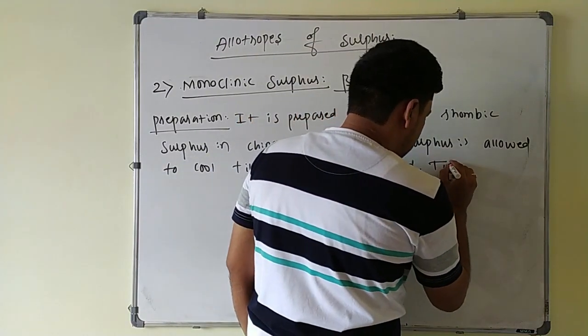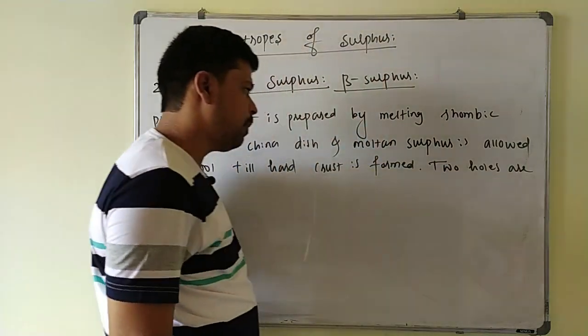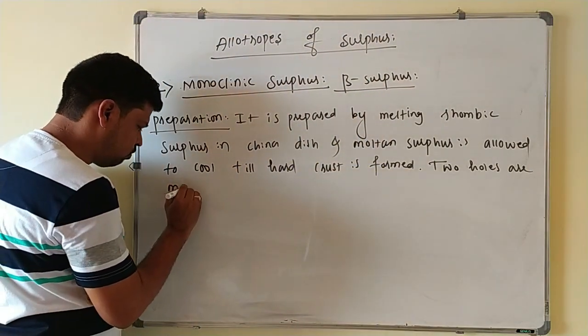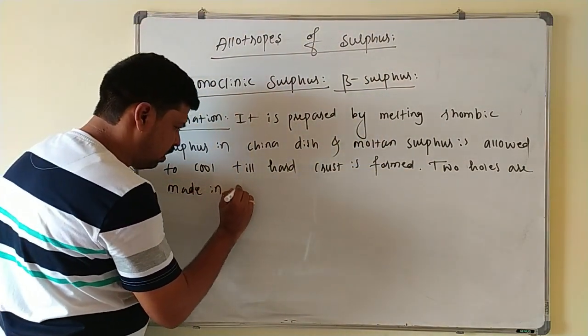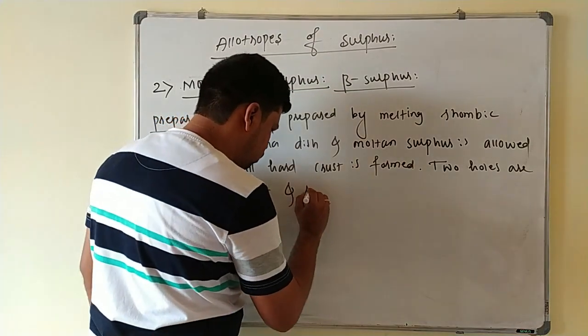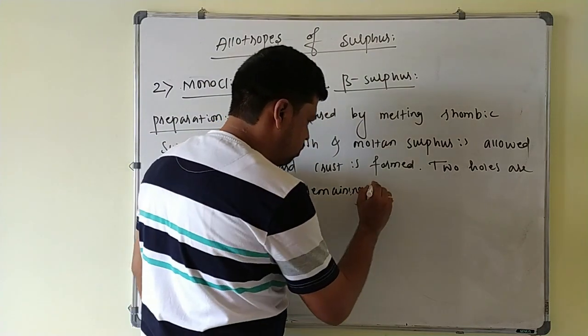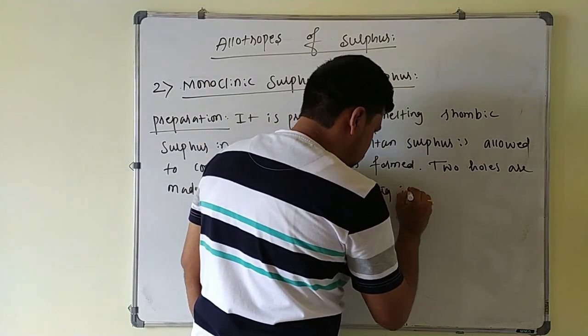Then two holes are made in the crust and the remaining liquid is poured out.